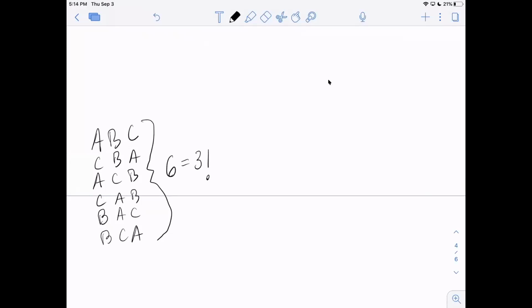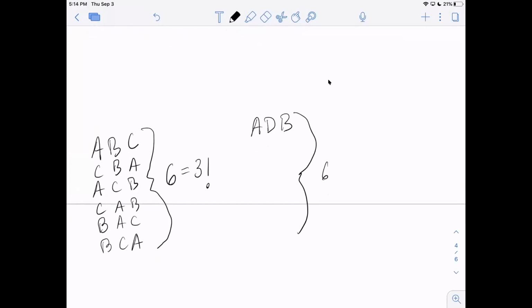So can Alice, Dan, and Bob. There's going to be another group of 6 as well. So in this list of 60 different arrangements where the order matters, you can group them into groups that contain the same 3 letters, just rearranged differently. And each of those groups always has 6 rearrangements.